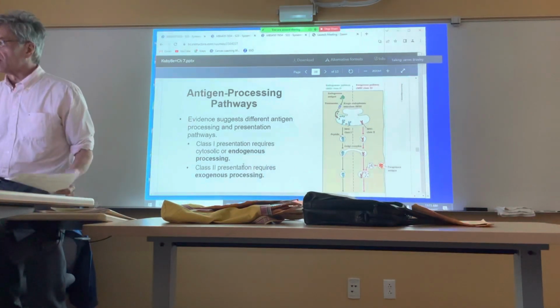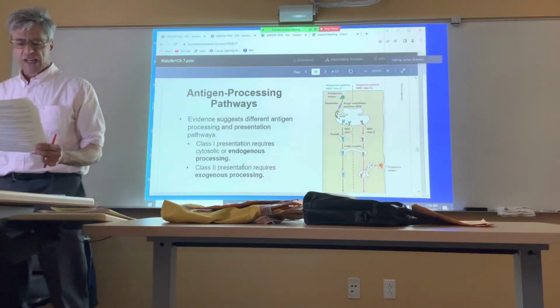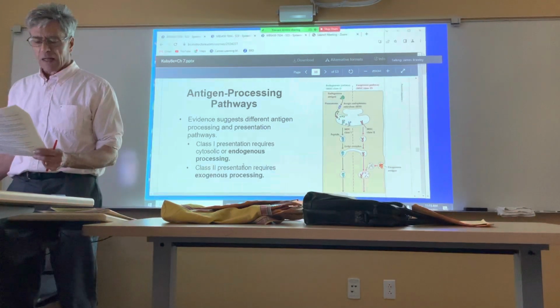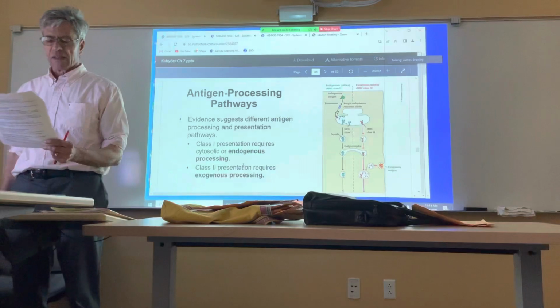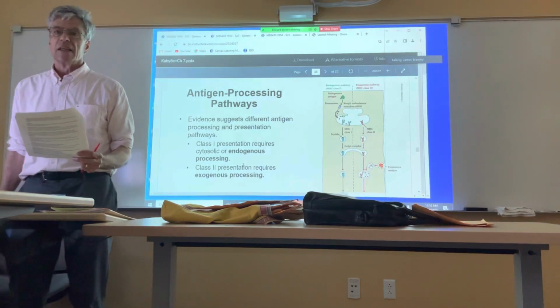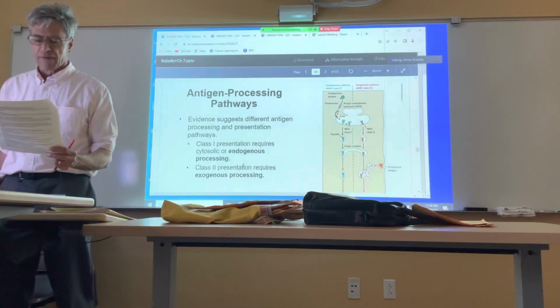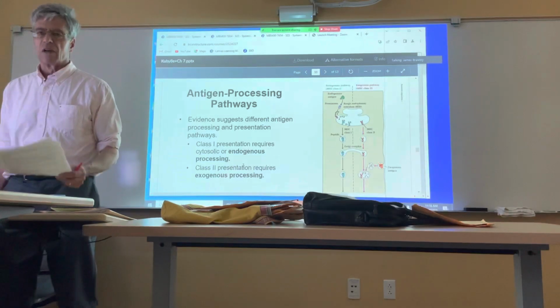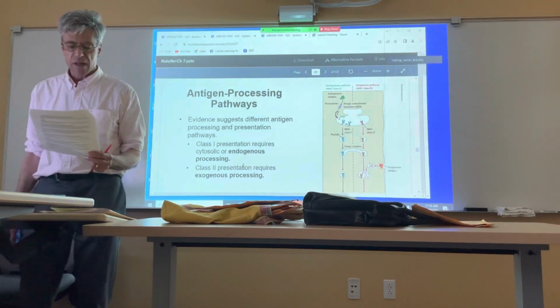So some key experiments were done here. Bracciali has mentioned some important experiments. He found that class 1 presentation required protein synthesis, needing a replication-competent virus. Class 2 did not, but class 2 was blocked by chloroquine.